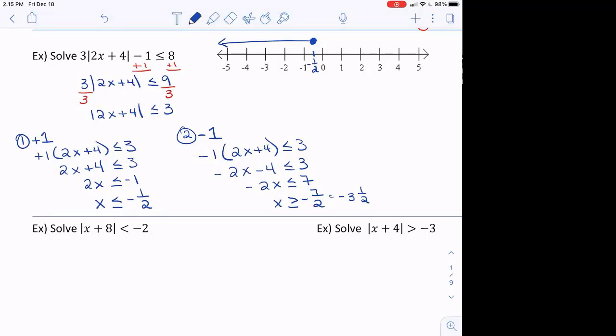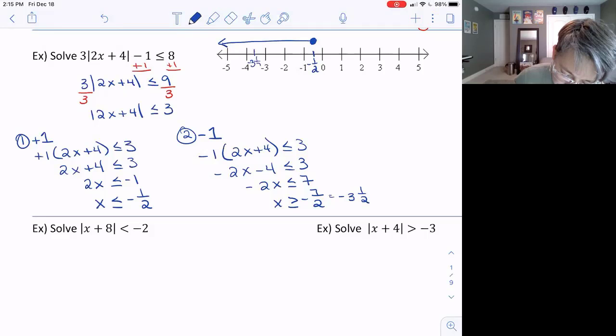Our second possibility gave us x is greater than or equal to -3.5 or -7/2, which is here. But that is greater than or equal to, so it shifts to the right. You might look at it and go, oh, well, it's all real numbers because we're going to end up graphing everything.